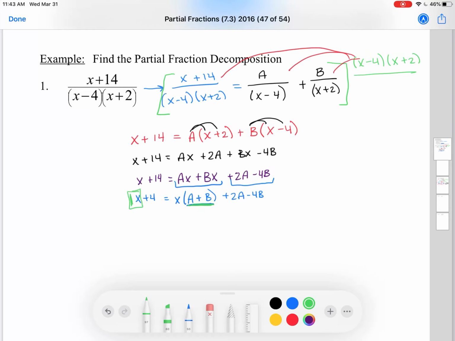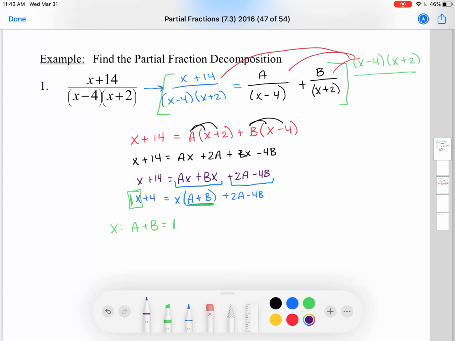The number in front is a 1. So the way I like to do this is I like to say, well, I'm discussing x here, so I'm going to just make a key to myself that I'm talking about x. And I'm going to note that a plus b is equal to the coefficient of x on that left-hand side, which again I identified as 1.